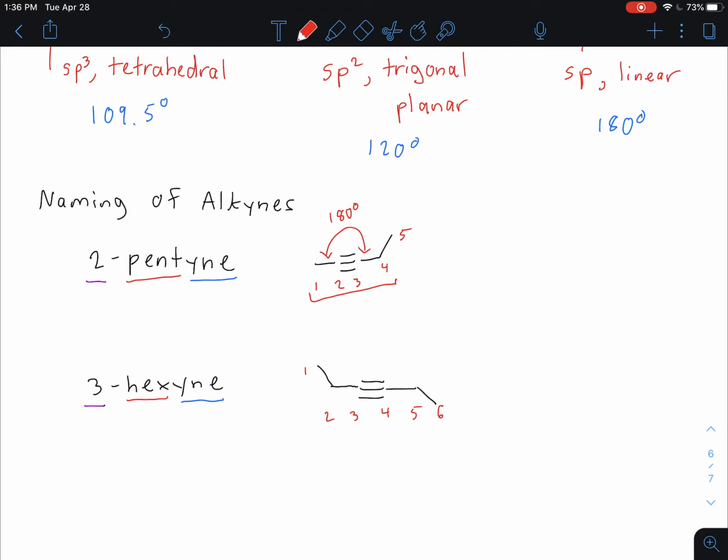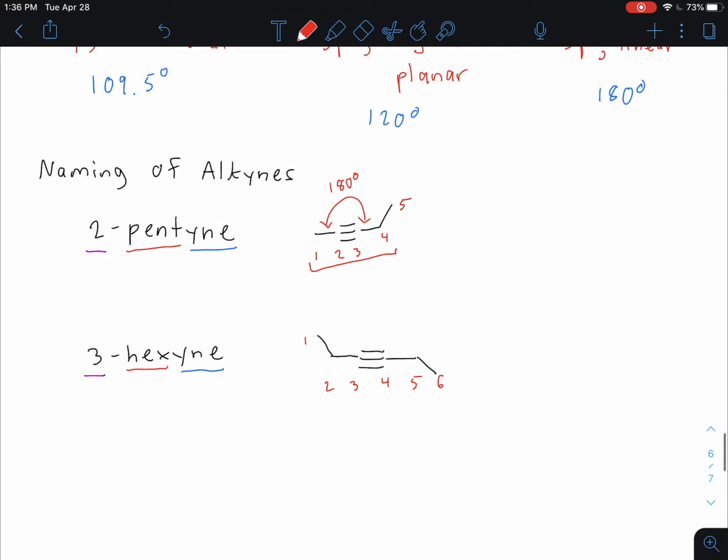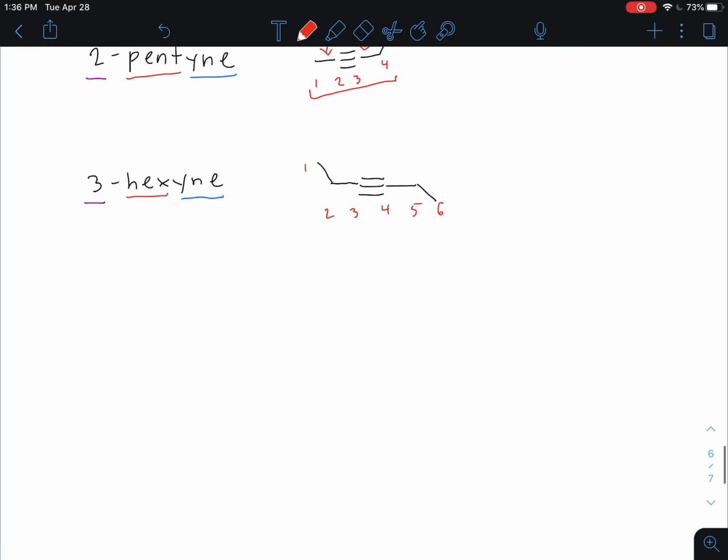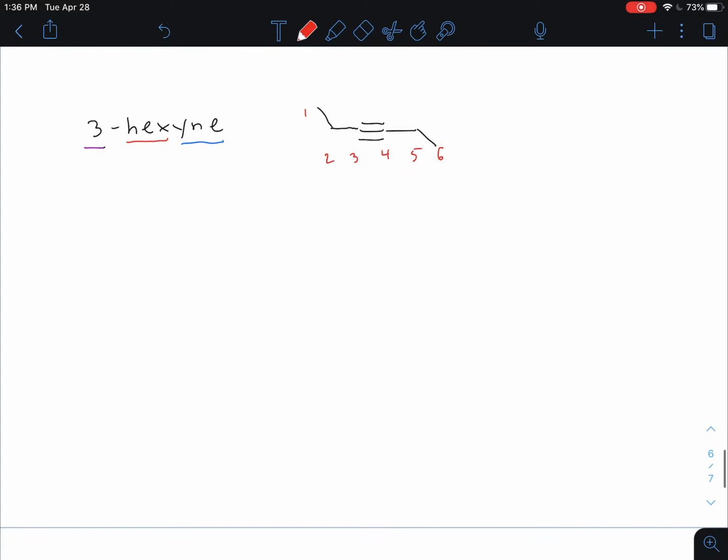Okay, so hopefully that's making sense for seeing all the patterns for alkane, alkene, alkyne. We're going to add one more to this group, and then we'll move on to molecules that have more than just carbon and hydrogen. So the last one in this group are what are called the cycloalkanes.